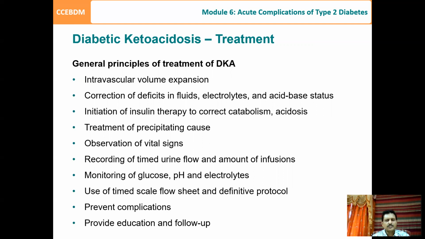Most importantly it is infection. And in case of type 2 diabetes mellitus, as I've told you, we have to look whether the patient had suffered from myocardial infarction or not, a cerebral accident or not, if there is any drug exposure or not, or if there is any other important acute illness or not.